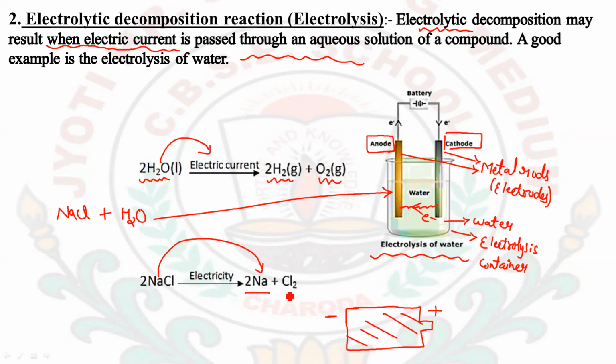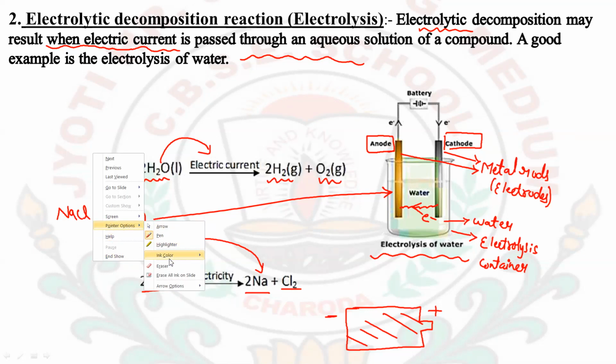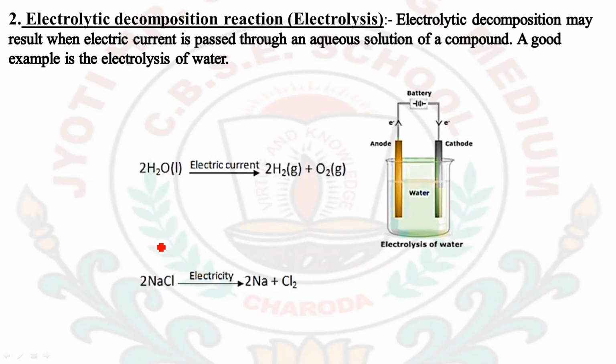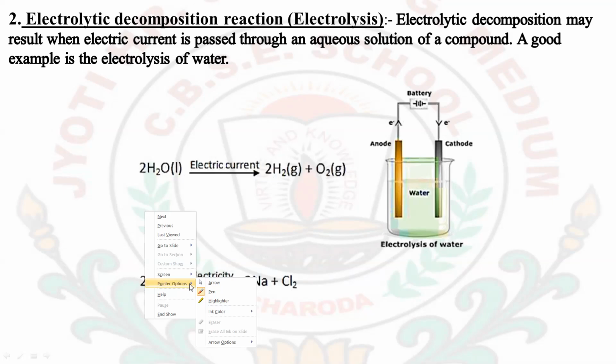So the NaCl, the single compound acting as reactant, is broken up into two products, sodium and chlorine gas. This is also a type of electrolysis. The decomposition reaction in which electric current is used is known as electrolytic decomposition reaction or electrolysis. Okay, let's move further.